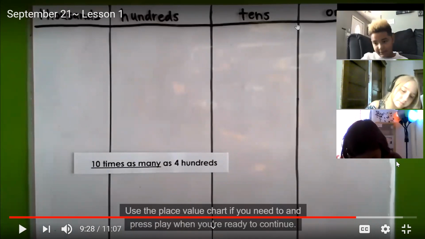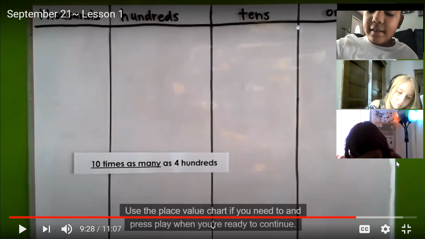So now I'm going to make an array with 10 in each column.